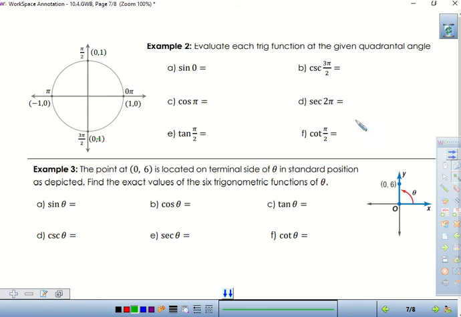So, before we get into this, let's talk about a few things that we know to be true. We know that tangent is equal to sine divided by cosine of whatever angle we're talking about. If tangent is equal to sine over cosine, what do you think cotangent is? Cosine over sine. We know that cosecant is the reciprocal of what?